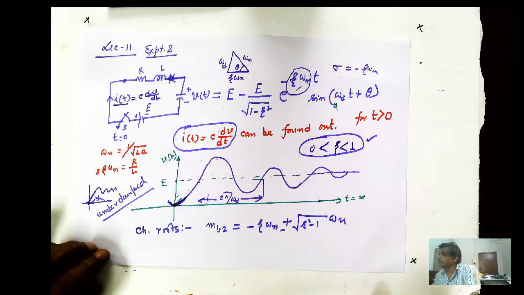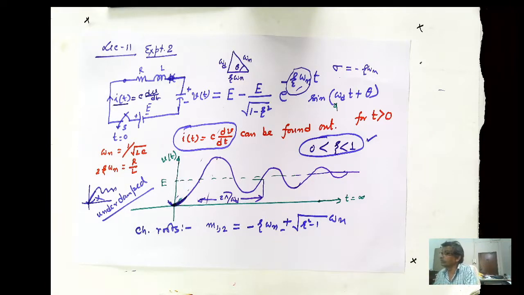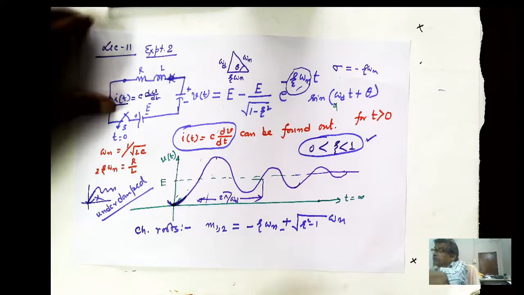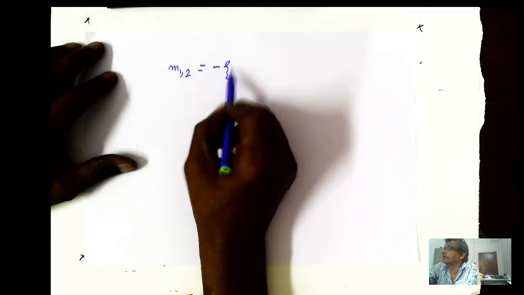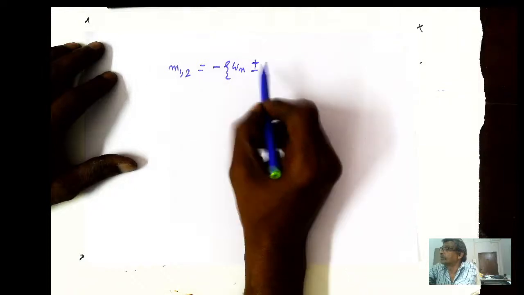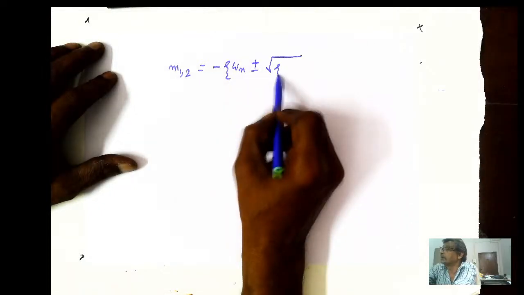Now there may be two other situations when the roots are not complex. I will just point out those things. For example, the characteristic roots of this equation are minus zeta omega n plus or minus root over zeta square minus 1 into omega n.